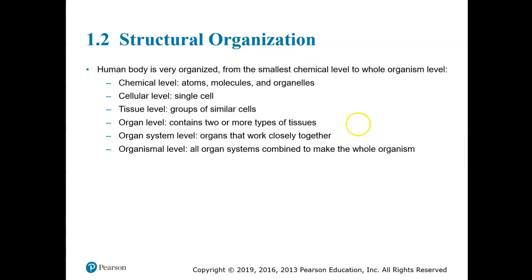And then groups of organs will form an organ system, and these are organs that work closely together. Humans have 11 organ systems. We have the nervous system, the endocrine system, the integumentary system, which is the skin, and all of our 11 organ systems work together to make up a whole human or a whole organism.